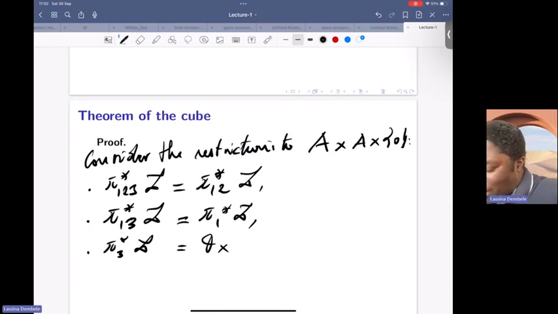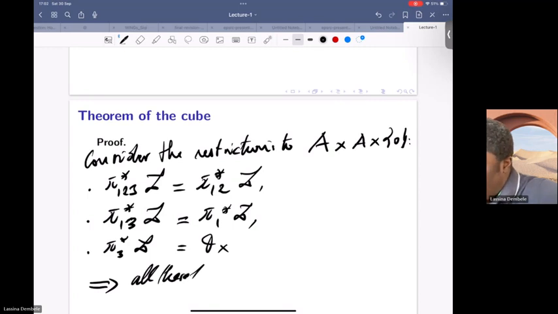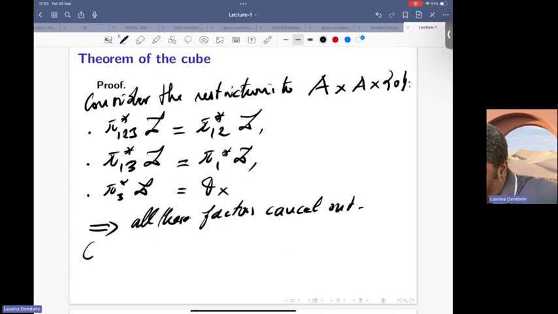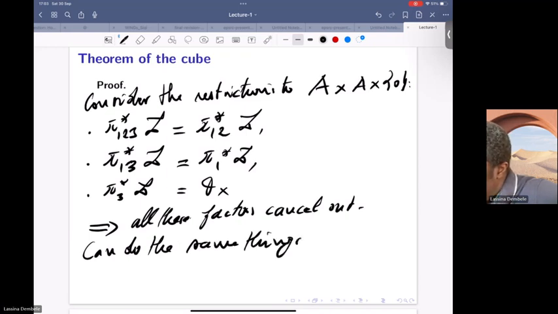And basically, what that means is that all those factors would cancel out. And of course, you can do the same thing with the other two restrictions.